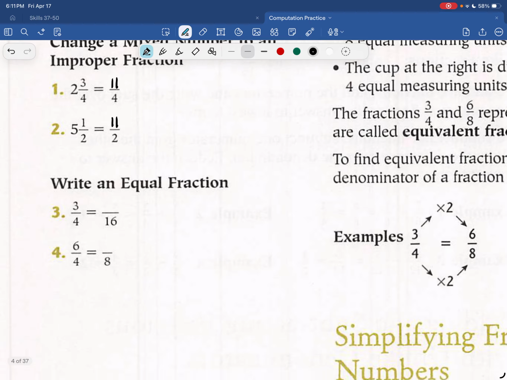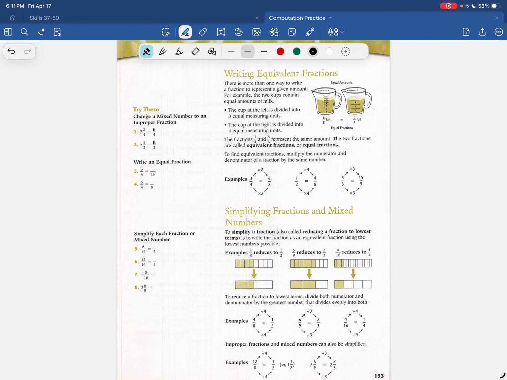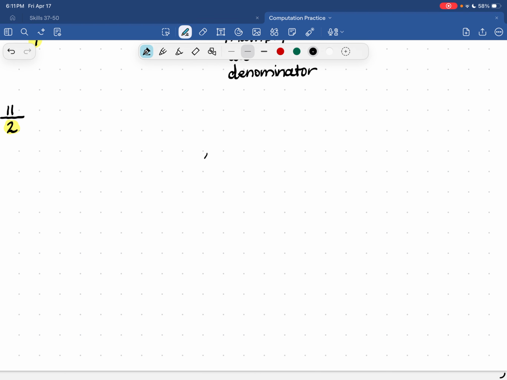And then they want us to write an equal fraction for these two. So I have 3/4 and 6/4. And let me show you how to do that one. Let's start with 3/4. And they want us to raise that one up to a denominator of 16. So they want me to build up this fraction to a denominator of 16.